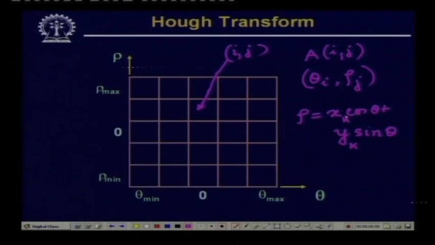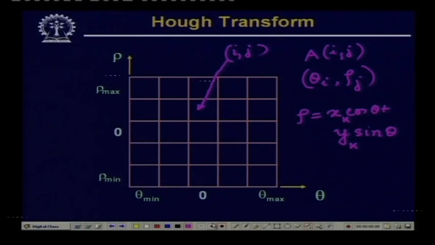What we do is, we allow the variable theta to assume any of the allowed values given in this accumulator cell, between the given maximum and minimum, and we solve for the corresponding value of rho.